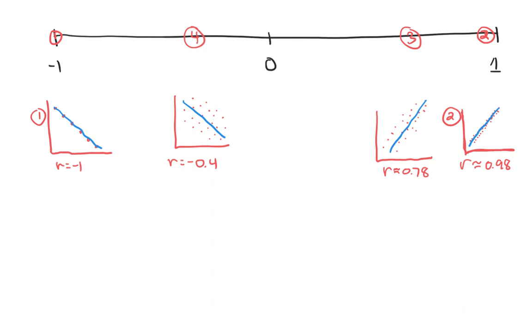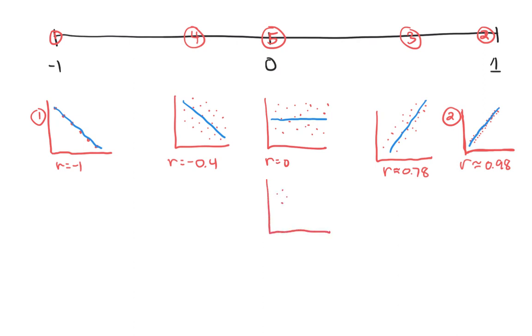And then finally, let's look at something right at 0. This is saying there's no relation. So this is R is 0. You can't discern a linear relationship whatsoever. If you were to calculate a regression line, it'll look pretty much like a straight line. Or maybe it's not that there's no relation, it's that there's no linear relation.